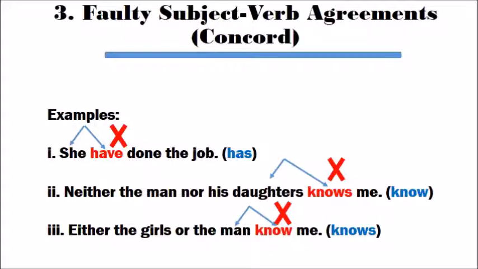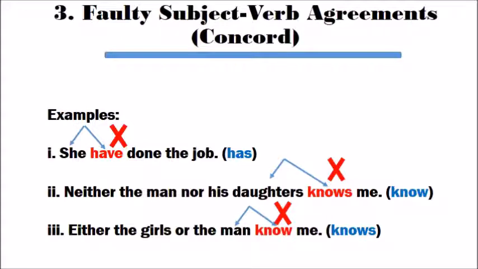When you see conjunctions that are correlative in nature, neither, nor, either, or, you pick the second subject against the verb and leave the first one. So in that example, I should pick daughters. So daughters would be plural. Knows will now be my plural. So there's no way I would use daughters knows me, because that will be plural singular.